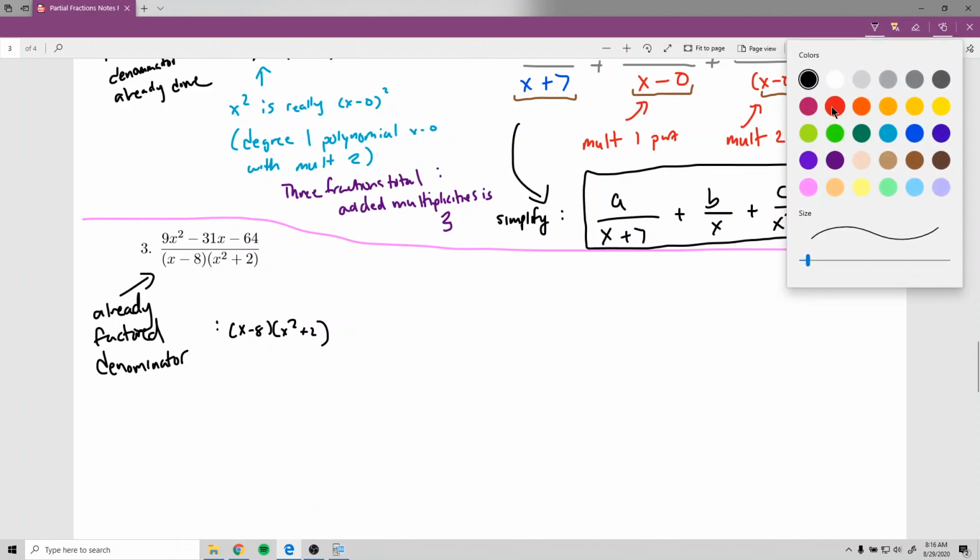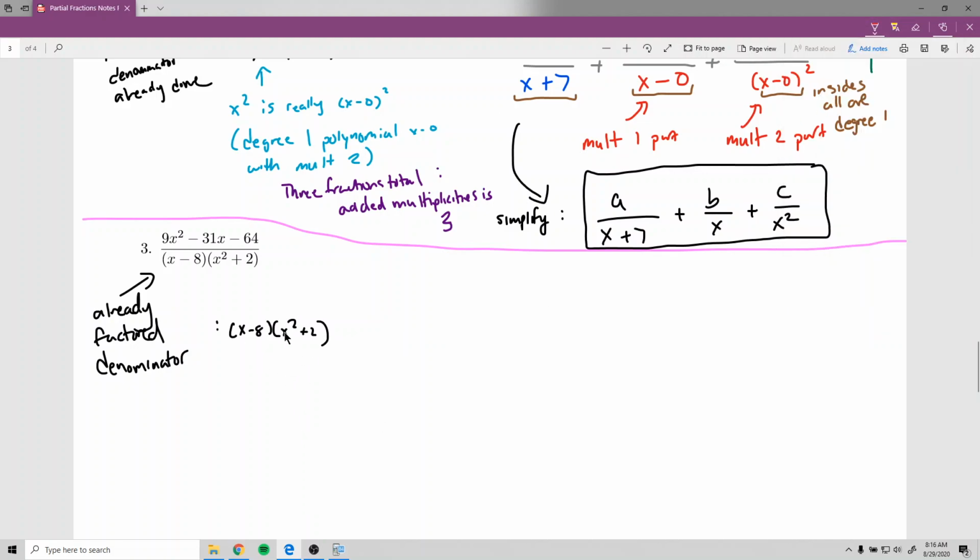Right? Now, the first thing I'm going to point out here is each has a multiplicity 1. So there's going to be 2 fractions because it gets 1 for each multiplicity. All right, just compare that to above.